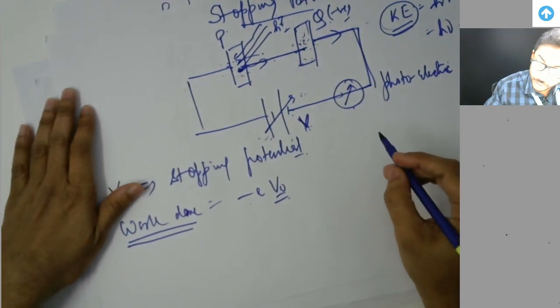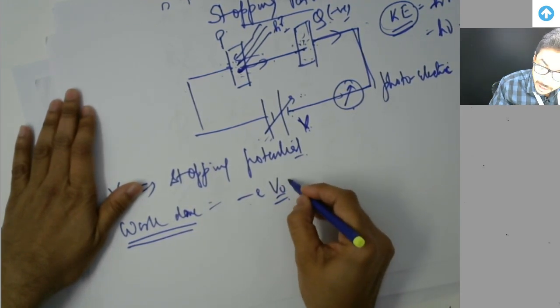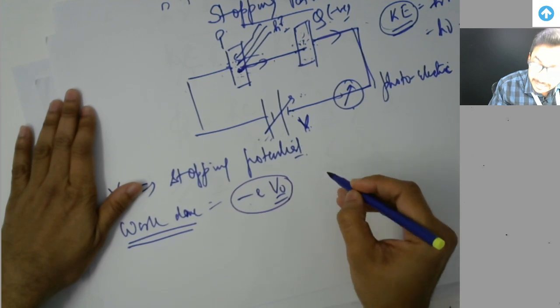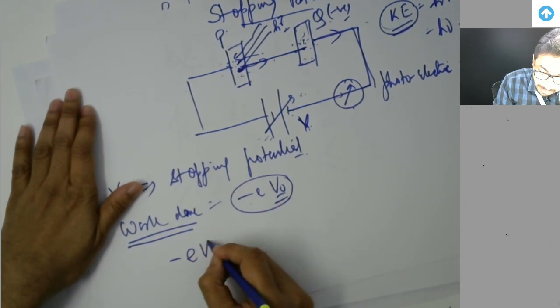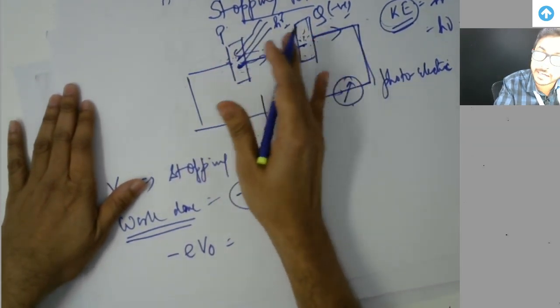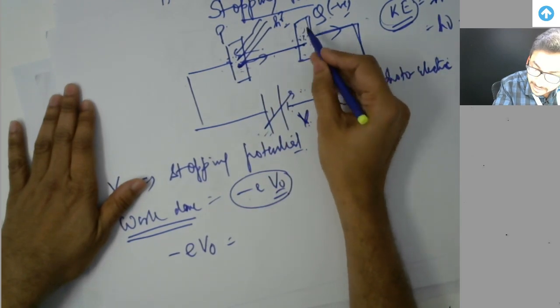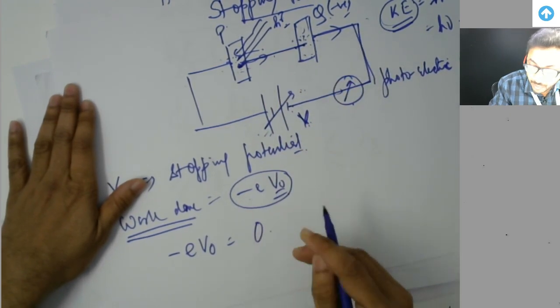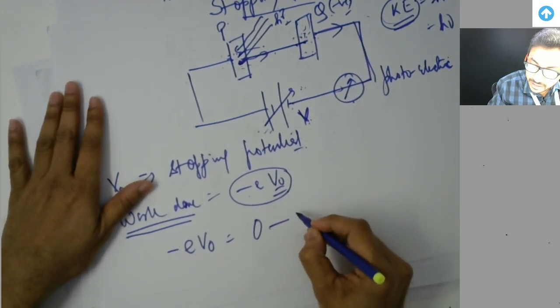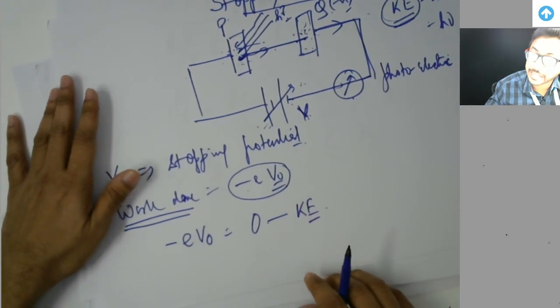Now you know the work energy theorem. The work energy theorem says the work done is equivalent to the difference of kinetic energy, final and initial. The final kinetic energy is 0, and the initial kinetic energy is the maximum kinetic energy, Ke.